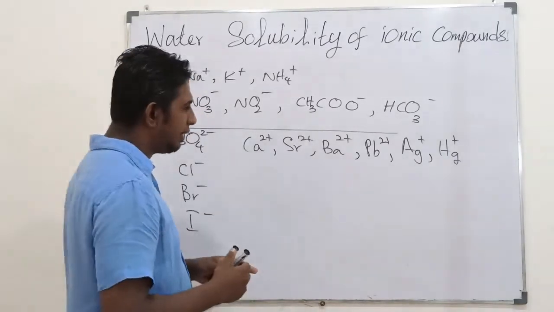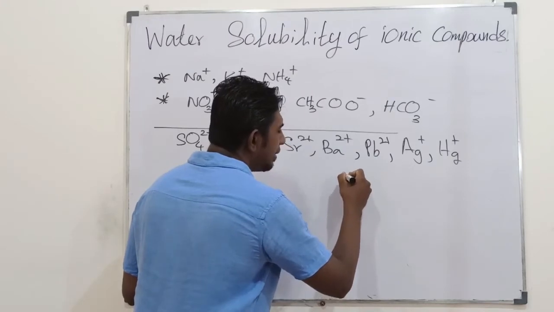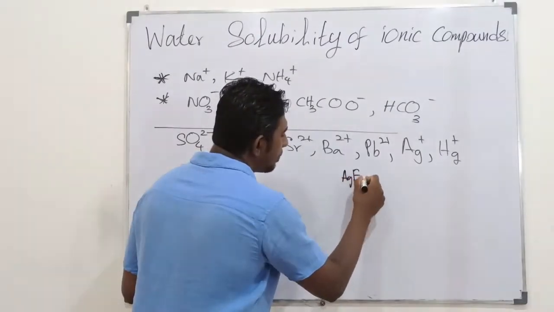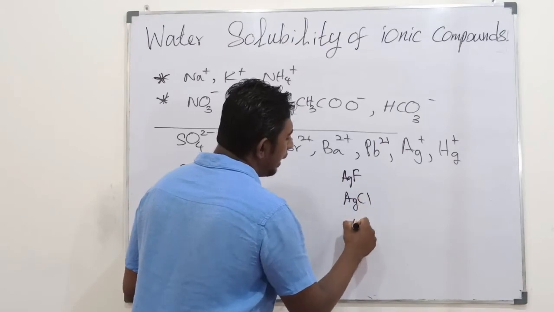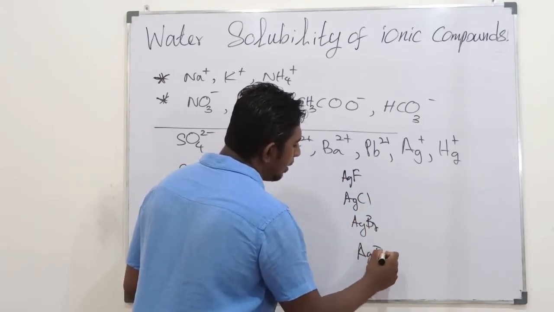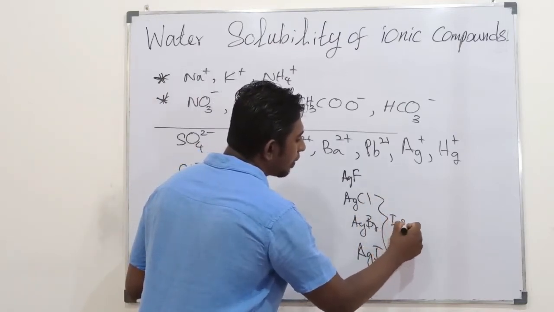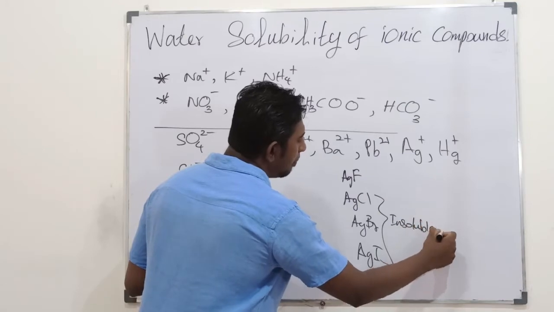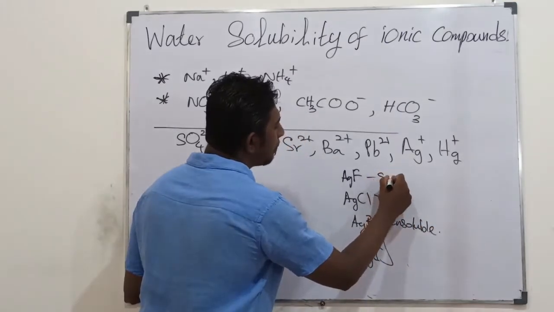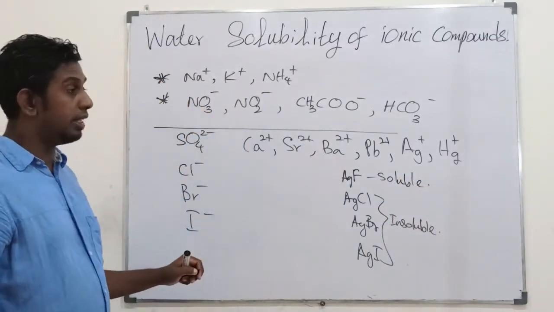So I could prove that here. When students check silver halides, Ag fluoride, Ag chloride, Ag bromide, silver iodide, out of these silver halides, these are water insoluble, but this is water soluble. It behaves differently.